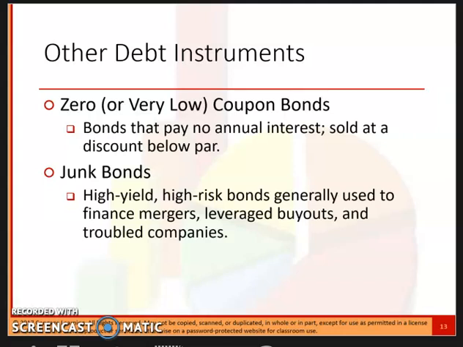Historically, prior to the 1980s, junk bonds were what we called fallen angels. They were companies that had declined in quality, fallen out of favor, so forth. Then the high yield market directed at mergers and acquisitions, buyouts, was developed in the 80s.